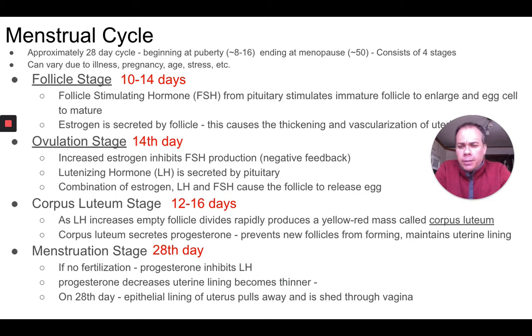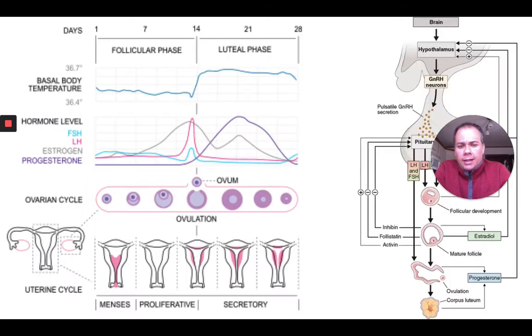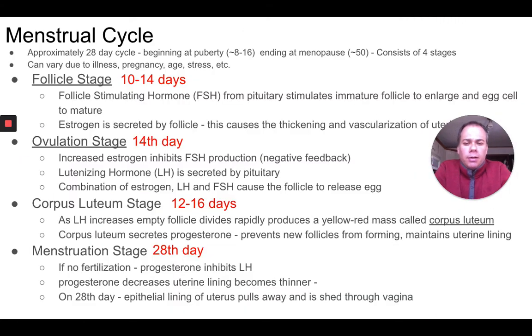What happens in the menstruation stage is the progesterone that's being produced inhibits the LH, and that lining of the uterus is no longer being maintained, and it is eventually shed, breaks down, pulls away from the walls of the uterus, and leaves the woman's body during the menstrual period. So when a woman gets the menstrual period, that's the shedding of the lining of the uterus.